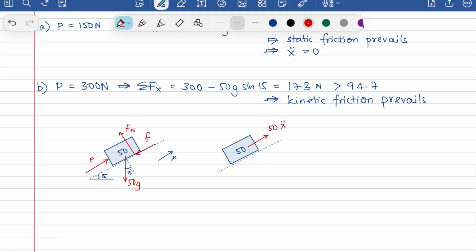You have here Fk acting in this way, which is equal to mu k times Fn.